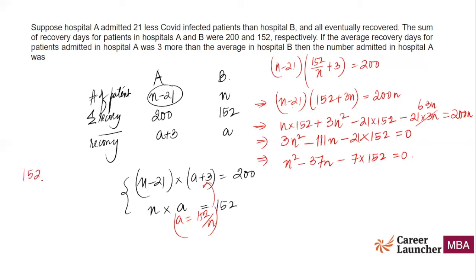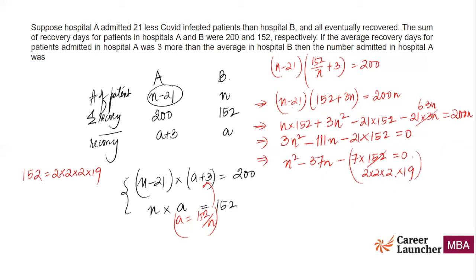Okay, let's look at 152. Let's prime factorize it. 76, 38, and 19. So instead of 152, let's write this as 2 into 2 into 2 into 19. Now I need to get 37 by making a combination from here.